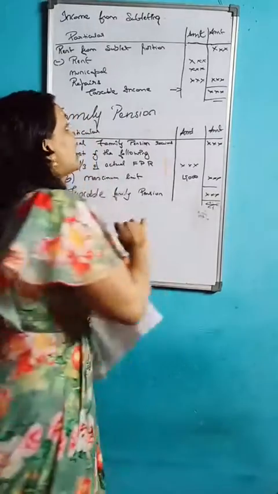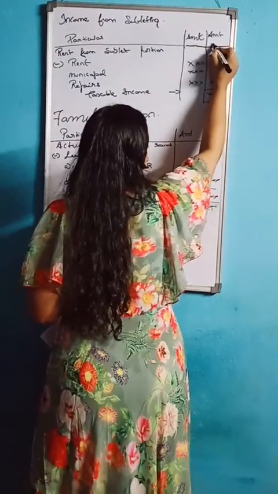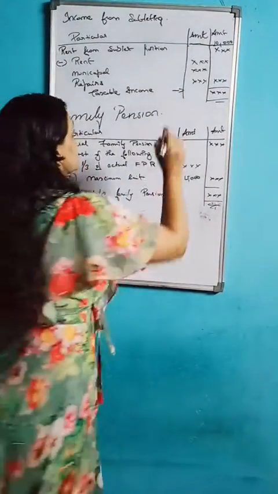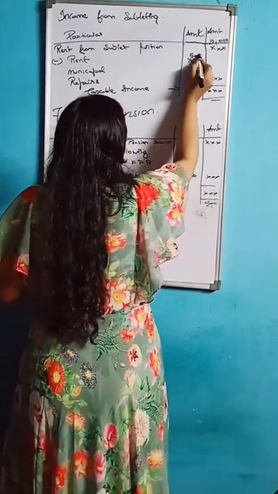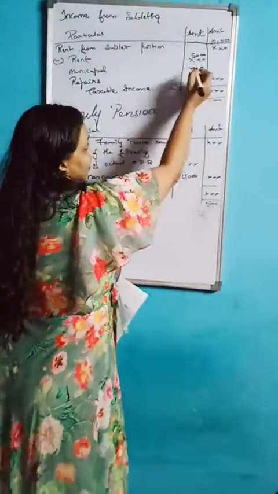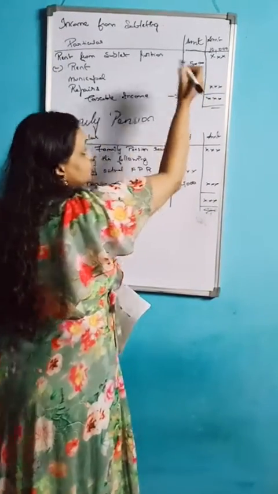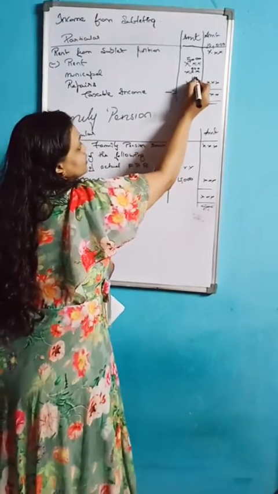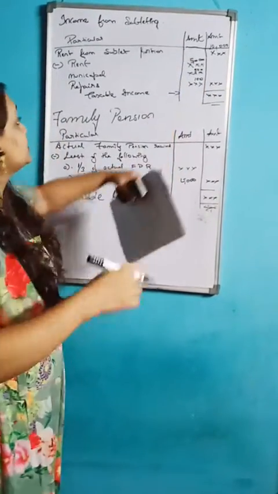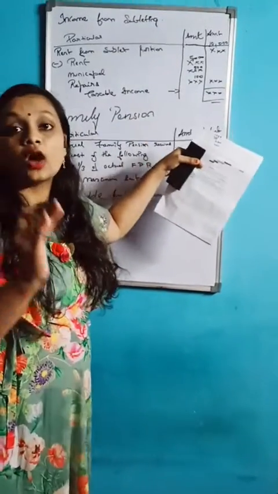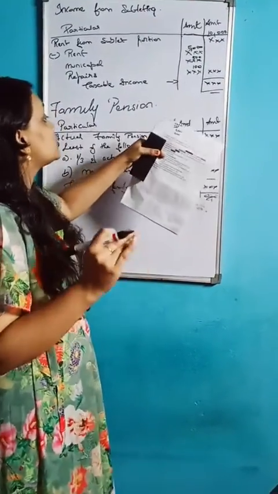Okay, for example I will mention here 10,000. Next, rent, I'll give 5,000. Next, municipal tax, I'll give 500. In the question they will already be mentioned; this is just an example. Next, repairs 100. So your 5,000 plus 500 gives 5,500, plus 100, so you will get 5,600.